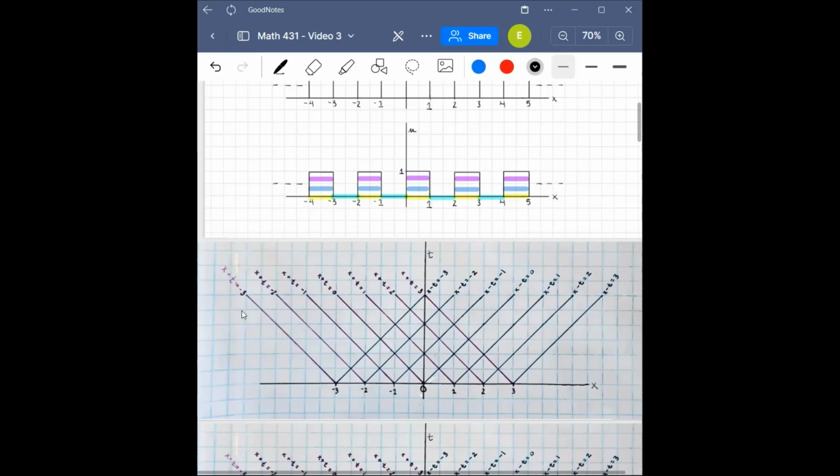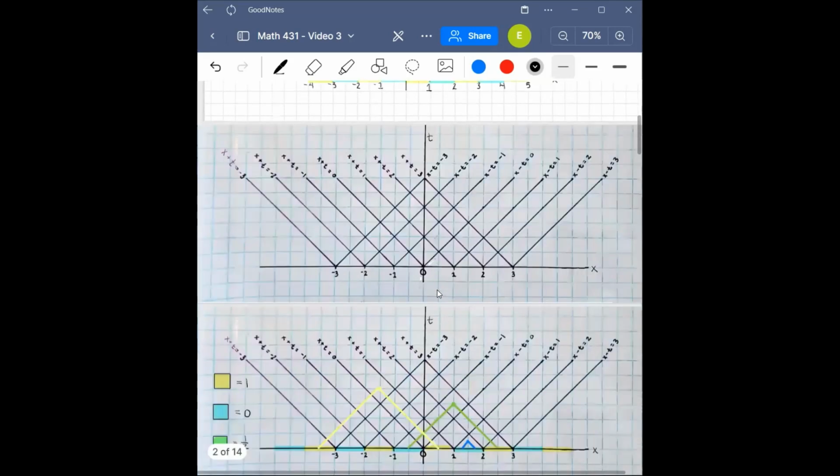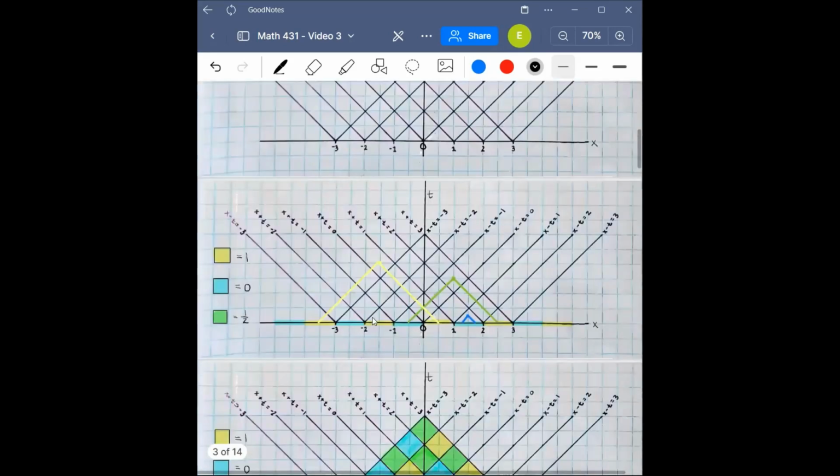As we can see here, we have x plus t is equal to -3, and so this will be our left moving wave, and then we have x minus t is equal to -3, and that is our right moving wave. So picking points for various times, we can backtrack along our lines to see where they fall in the initial displacement.